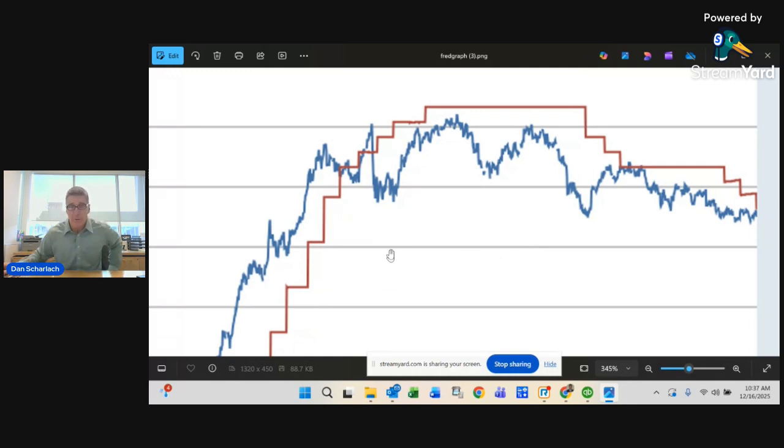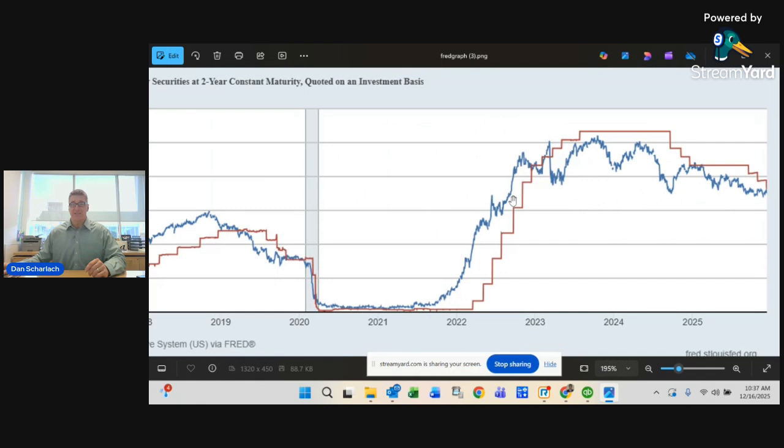Now, more importantly, how this impacts us as U.S. citizens or as investors. Most people would think that this red line controls the 30-year mortgage. They think that the Fed funds rate and the 30-year mortgage are intimately linked. I personally do not.